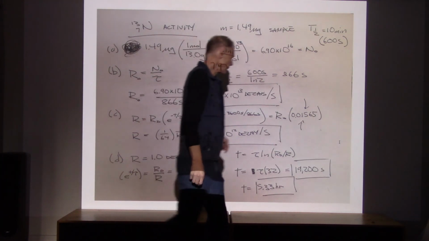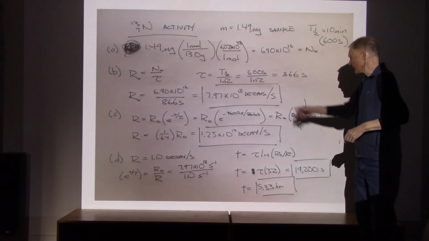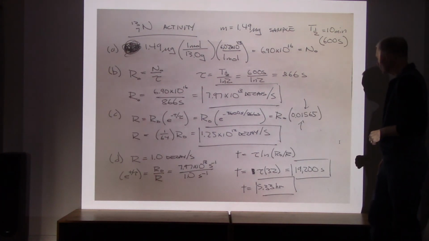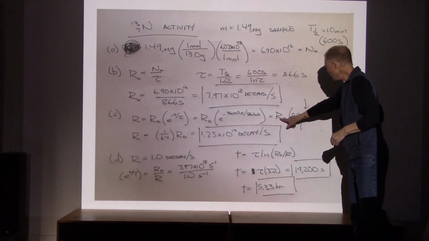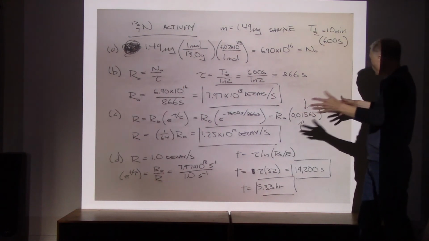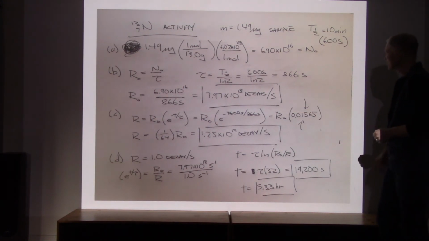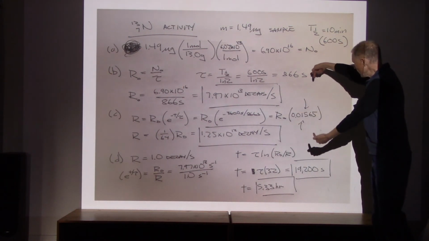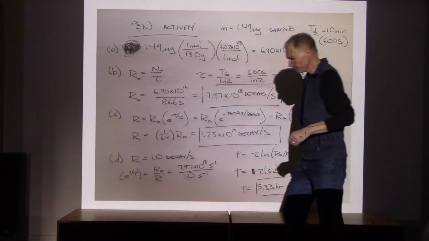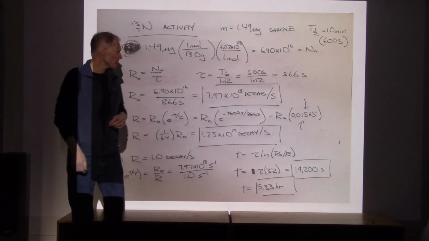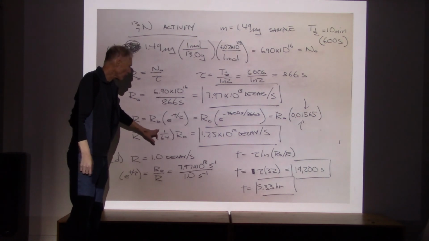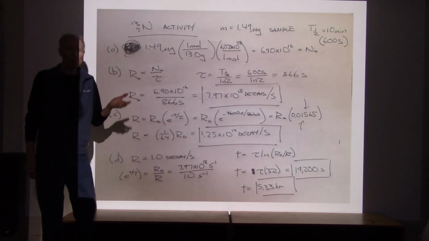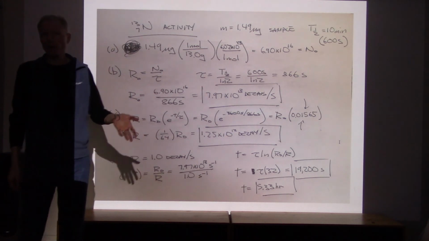So what this is telling us, when I carried out that exponential calculation, this is going to become R naught times 0.01565, and surprisingly enough, that number right there works out to be 1/64th. And that's what we had anticipated. We had talked about that.